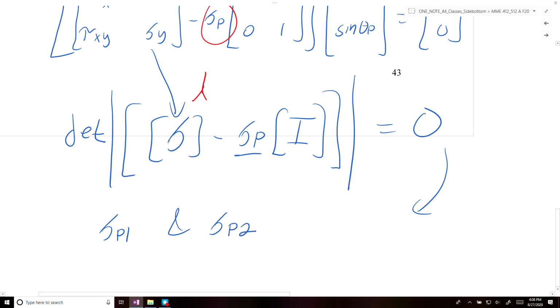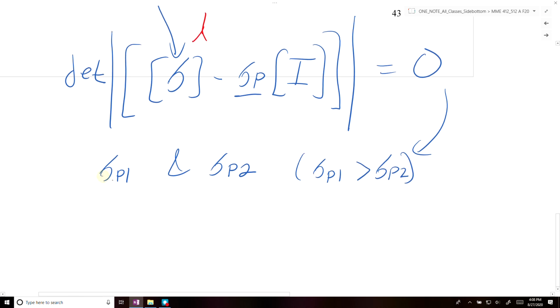The larger eigenvalue we denote as sigma p1. Using these eigenvalues, we can solve for our eigenvectors, which give us the direction of our principal stress.